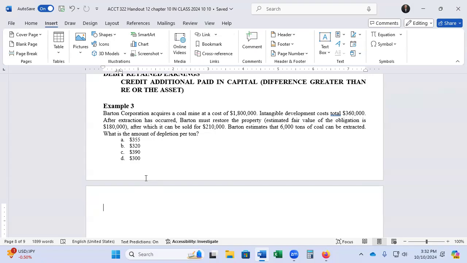Okay, so it acquires a coal mine. So we have acquisition cost of 1,800,000. You have development costs for 360,000.